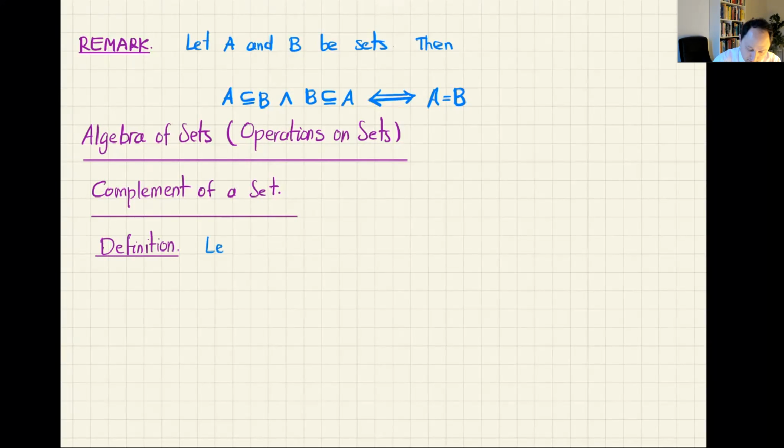Let U be the universal set and let A be a set.